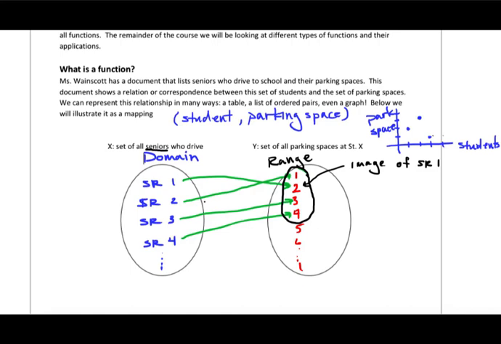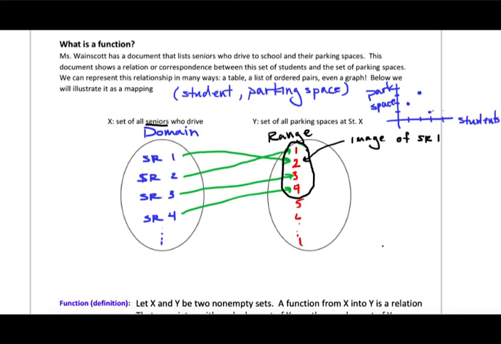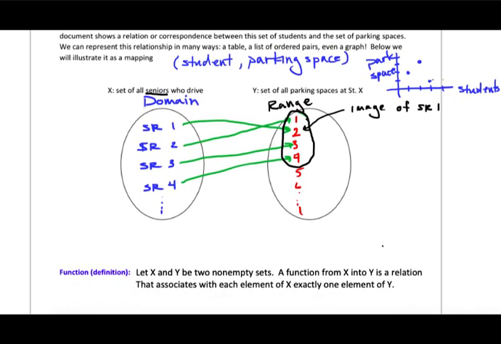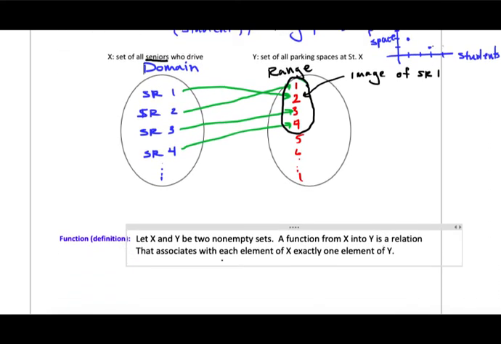A function is a special type of relationship where each element in the domain corresponds with exactly one element in the range. Each senior only gets one parking space. Nobody's going to be assigned 2 parking spaces unless you're super special. Let's look at the formal definition from the text: let x and y be 2 non-empty sets.